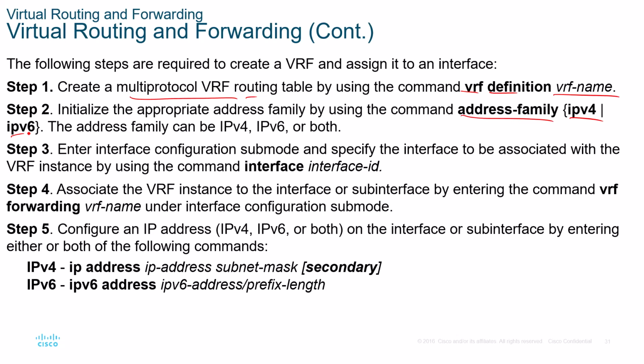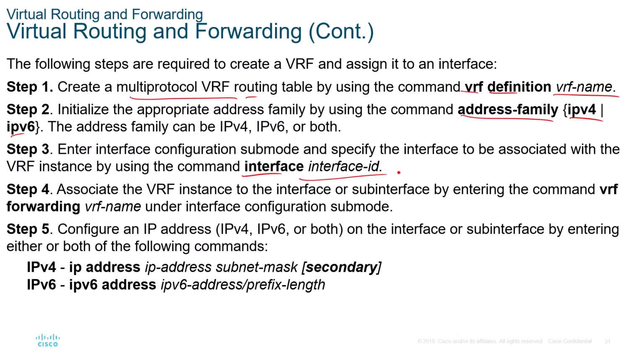Step 3, enter the interface configuration submode and specify the interfaces to be associated with the VRF instance by using the command interface ID. Again, all of this will be underneath our VRF submode.